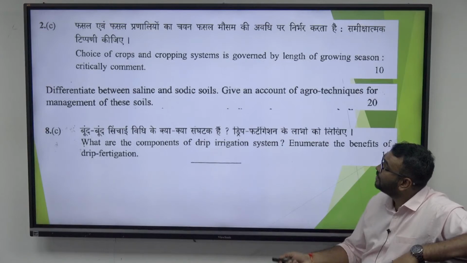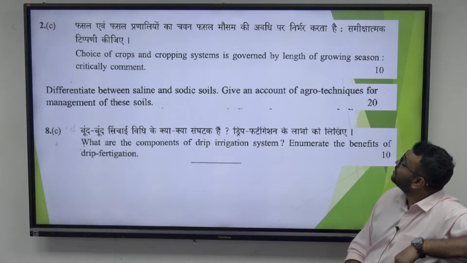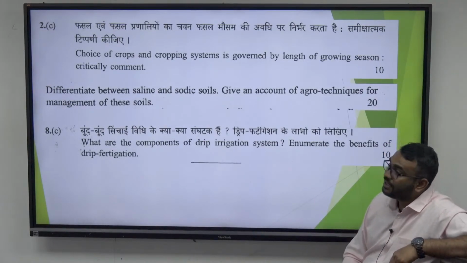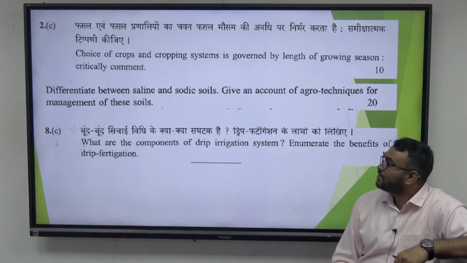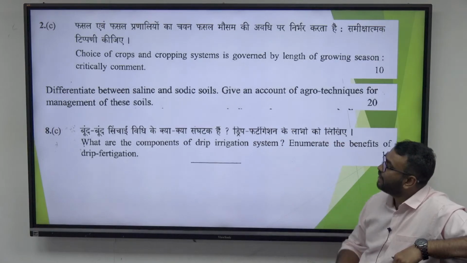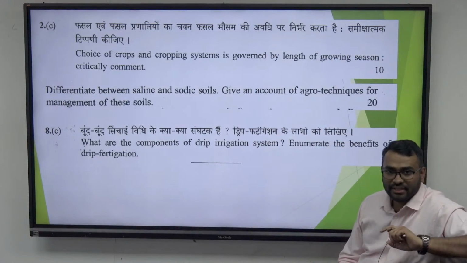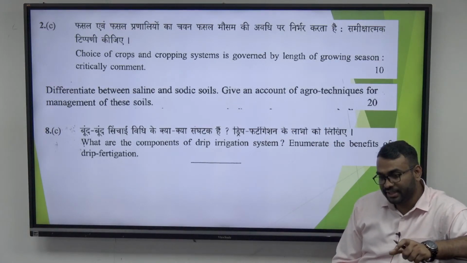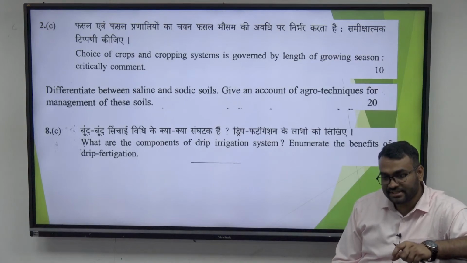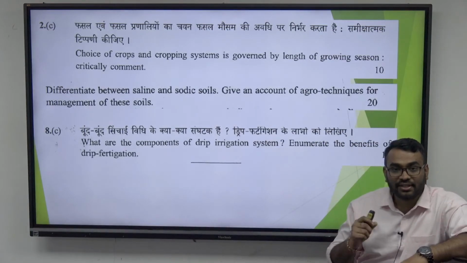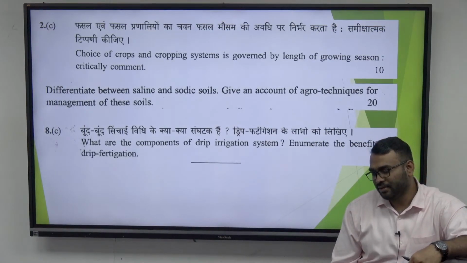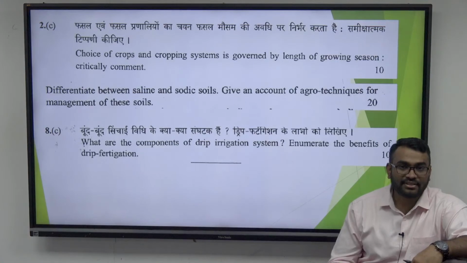Another example: choice of crops, cropping pattern is governed by the growing season. Critically comment. So critically comment means, okay. One way of understanding this statement which they have given, choice of crops, cropping system is governed by duration. There are a few other exceptions or examples where the length of growing season doesn't matter. For example, protected cultivation, that is within a greenhouse.